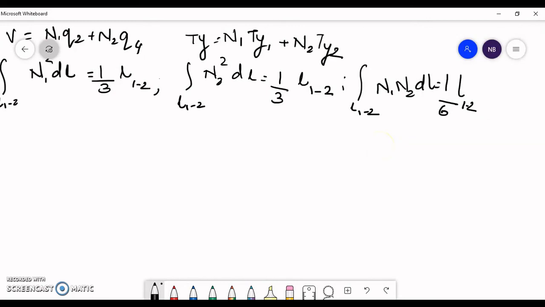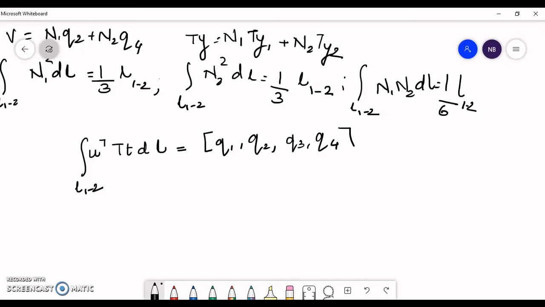Now substituting these values in the equation, we will get Q1, Q2, Q3, Q4 into the traction force of the element.